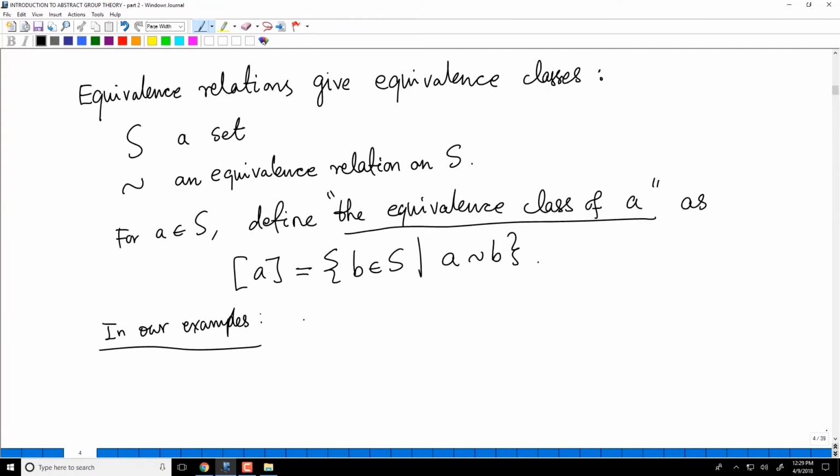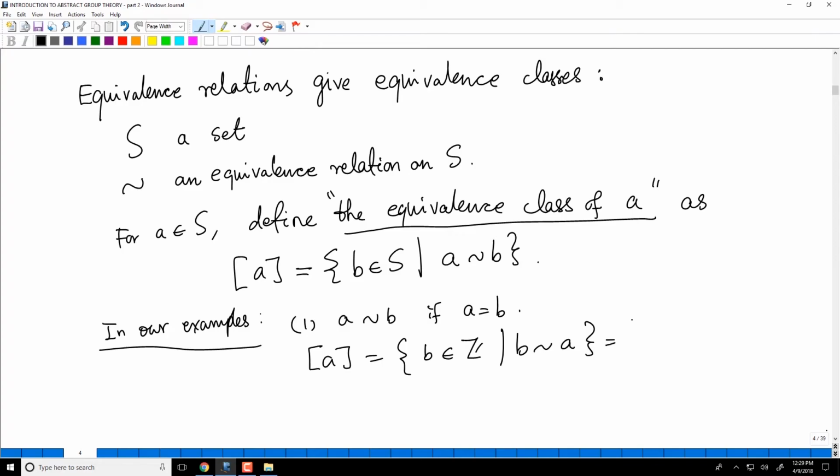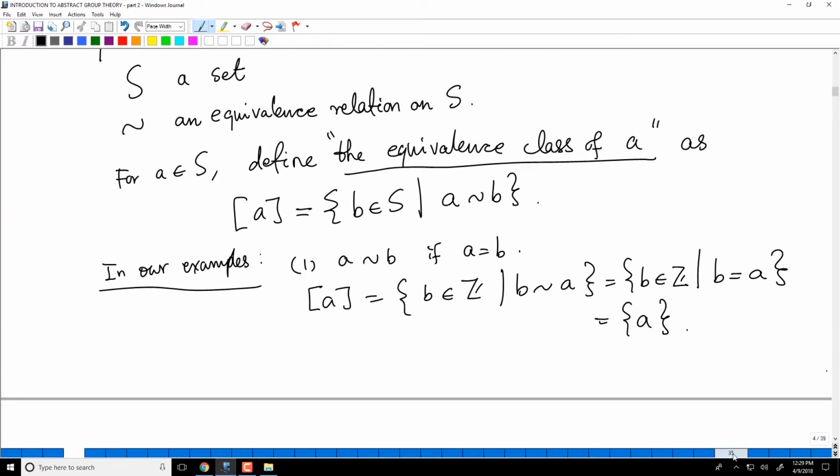A is equivalent to B if A equals B. In this case, the equivalence class is all elements which are equivalent to A. So this is B in Z such that B is equivalent to A. But this is the same as B in Z such that B is equal to A. So that is just nothing but A. Right? So in this case, the equivalence class is just the singleton set.